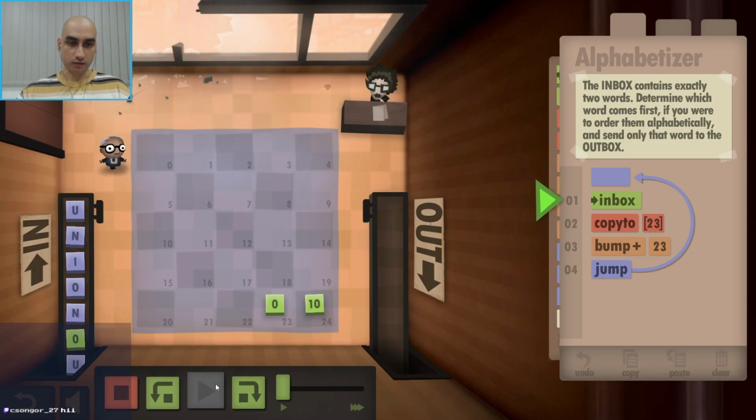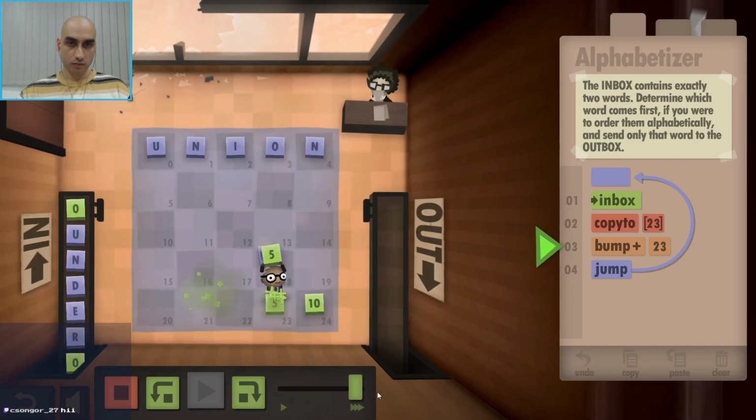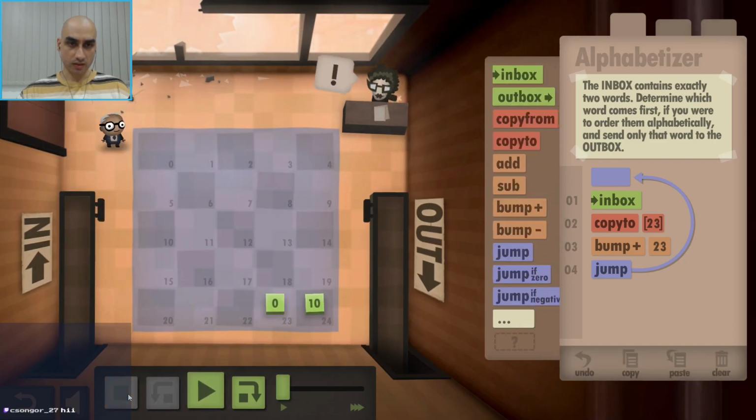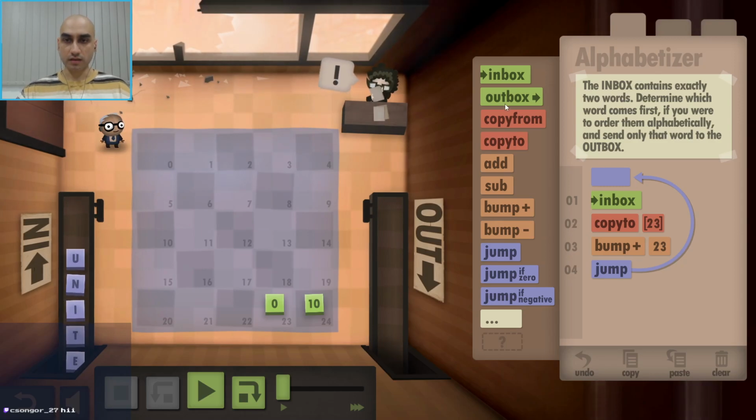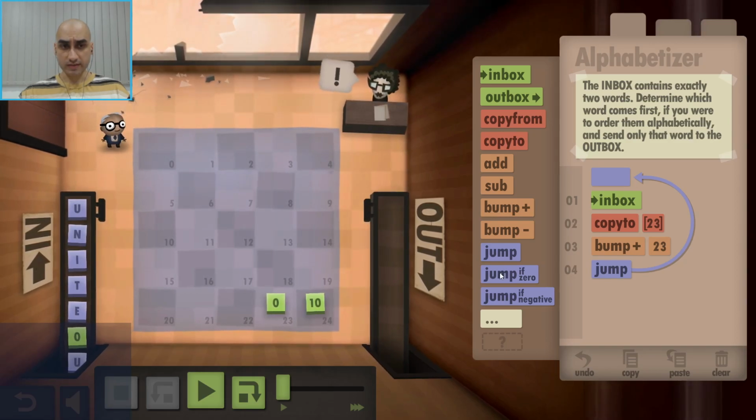So that's the basic loop. Okay, now we need a break if we are holding the 0.